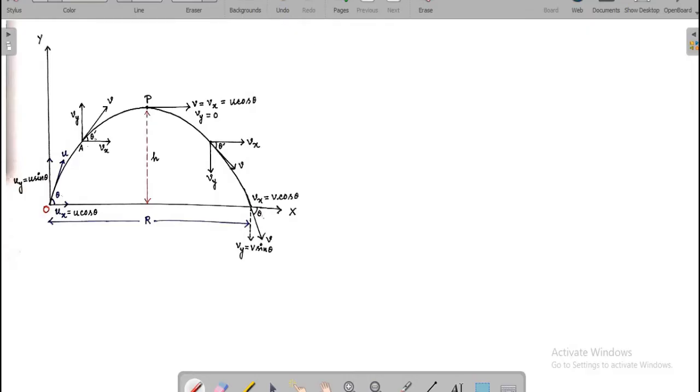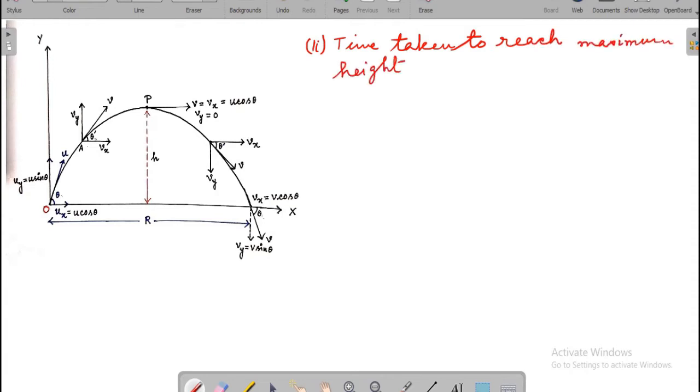Now, let's find out number 2, time taken to reach maximum height. Let us suppose it is T1. It is time of ascent. So let the time taken by the projectile to reach the maximum height h be T1.